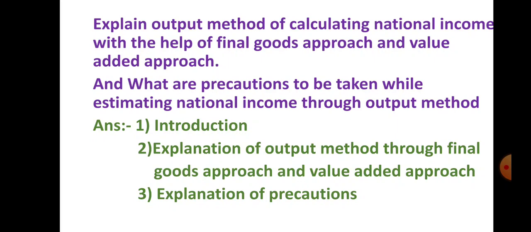In the introduction you have to write basic things about national income. After that you have to write the definition of national income. Number 2, explanation of output method through final good approach and value added approach. So both approaches you have to explain in detail. And number 3, explanation of precautions in detail.